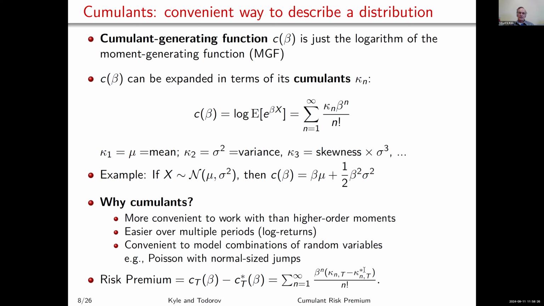And so if the risk neutral distribution has lots of cumulants that are different from the physical distribution, which we think is typically the case, then these higher order cumulants will wind up influencing expected returns.